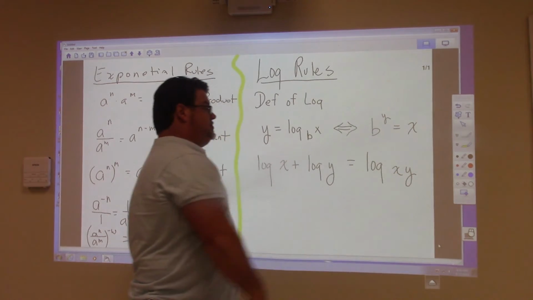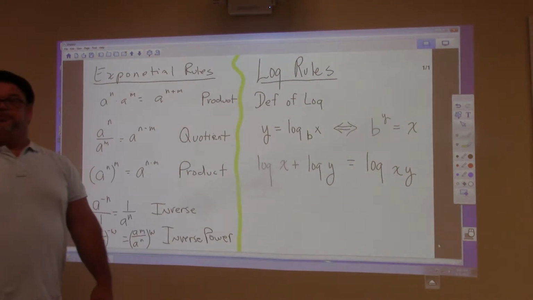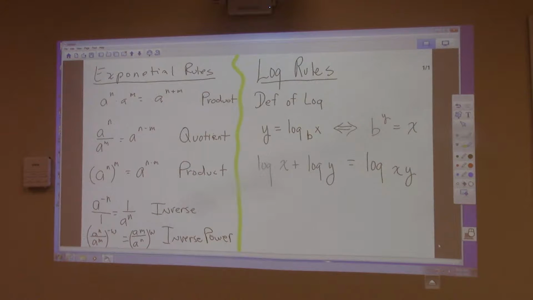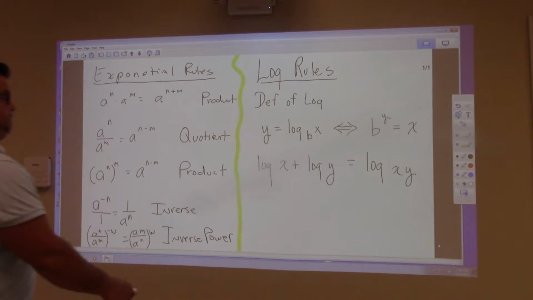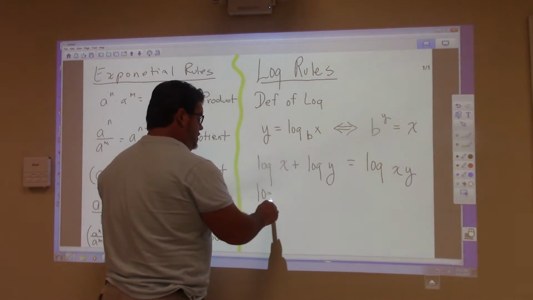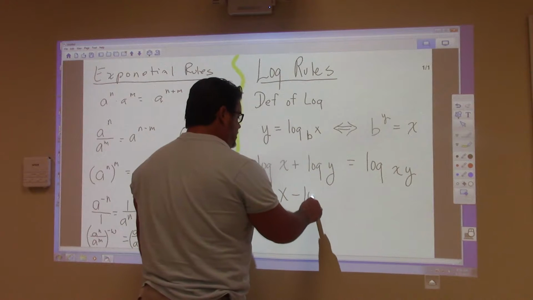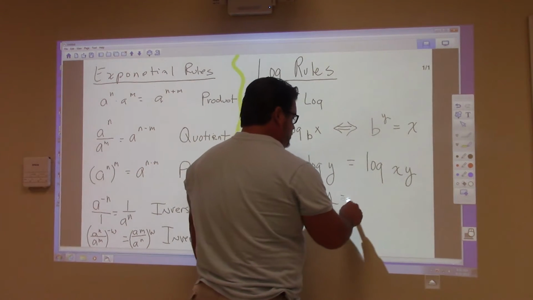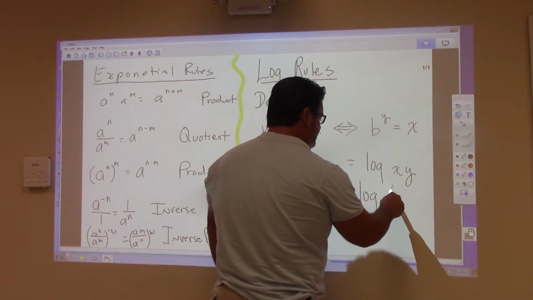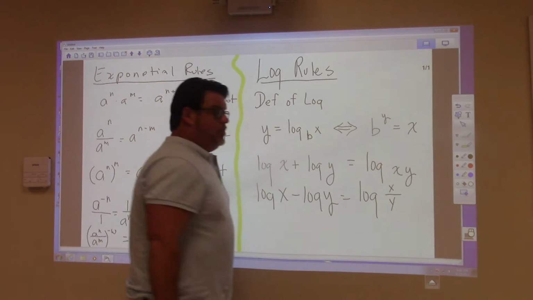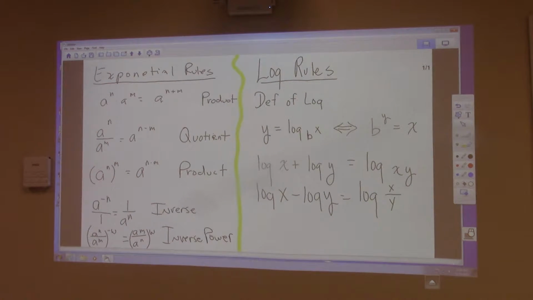And that is your product rule. Log of x minus log of y is equal to the log of what? X over y. What do you think that's called? Quotient rule.